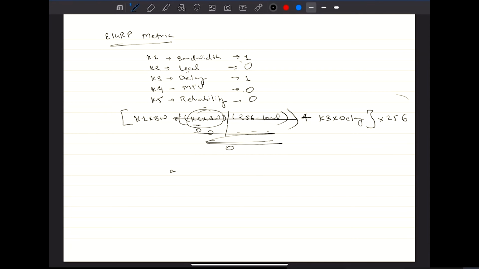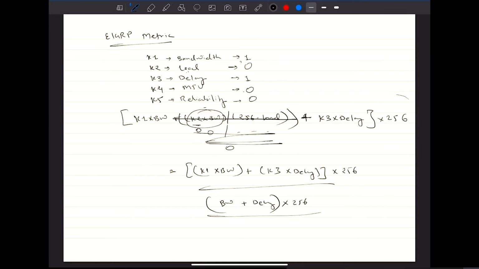And then the actual formula is K1 multiplied by bandwidth plus K3 multiplied by delay, and then you multiply it with 256. So it's bandwidth plus delay, multiplied by 256. That's what the formula actually becomes.